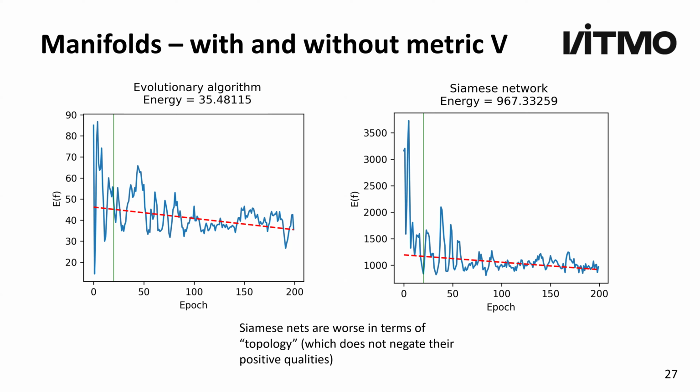But also we compare this with CNN networks. CNN networks, well, on small data sets, they are not good because you require much more data to train them, and they also have larger energy.